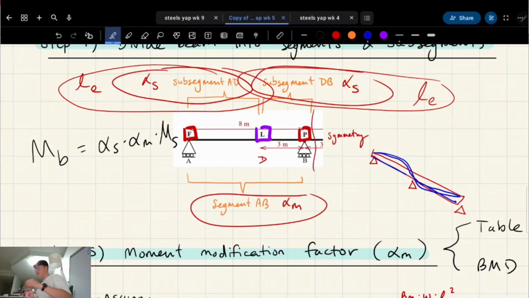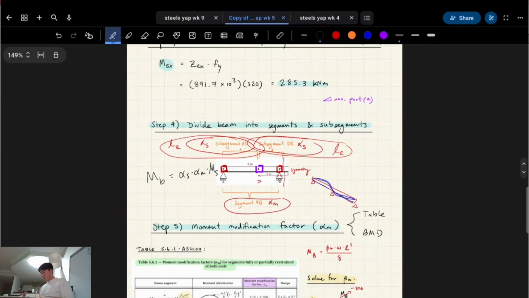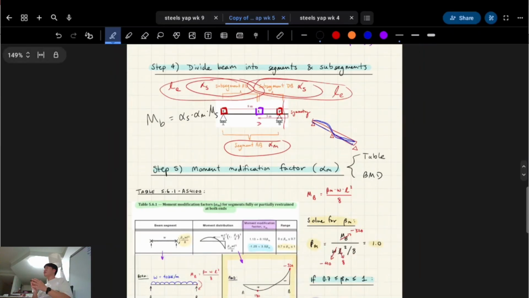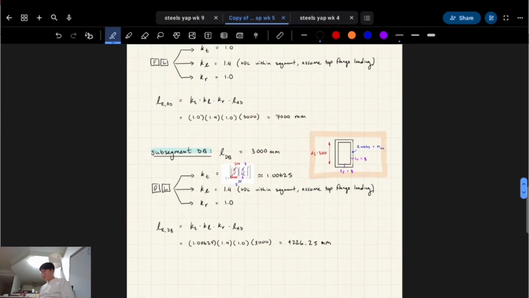Where only the top flange is doing weird things. But you're right, the lateral restraints do stop it. It does break it up. It's just the segments where the moment's redistributed. Do you know what I mean? So it kind of spreads out that moment. So that's why we have to do the moment modification like that.